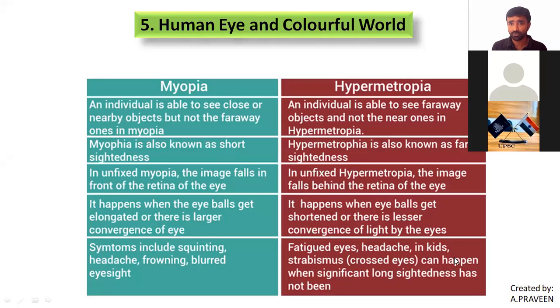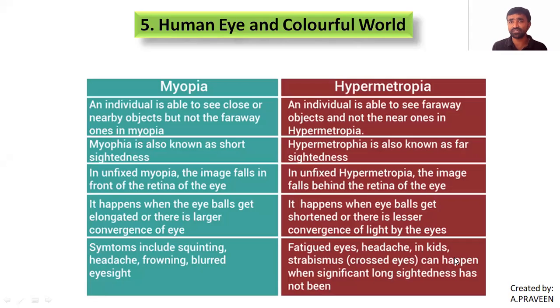Okay, visible, right? So I'm discussing the defects' differences. Myopia, we already know, is clearly visible at least distance, but invisible at infinity. That is what I have written as the first point in myopia. In hypermetropia, far is very clear, nearby objects invisible.